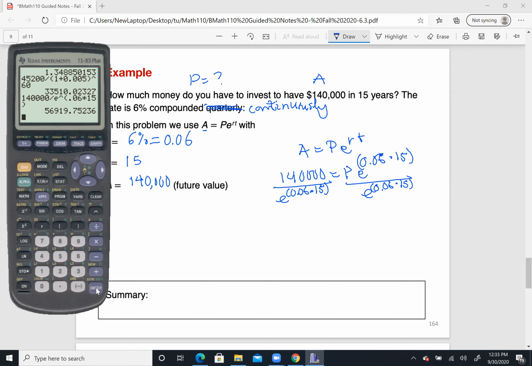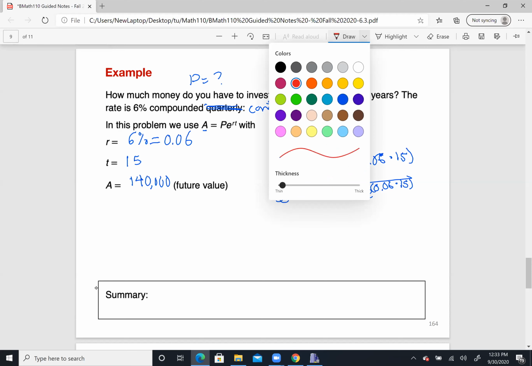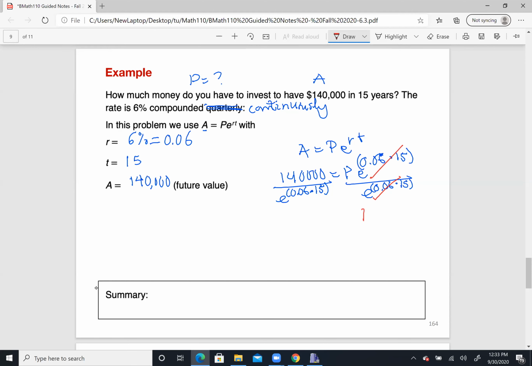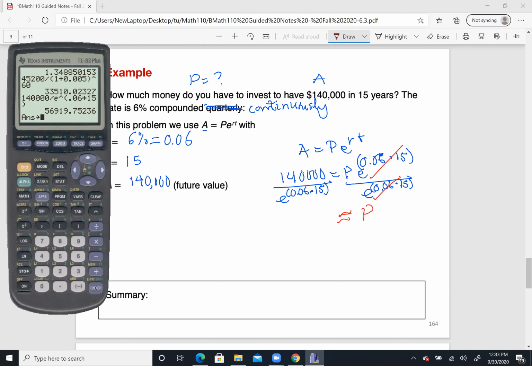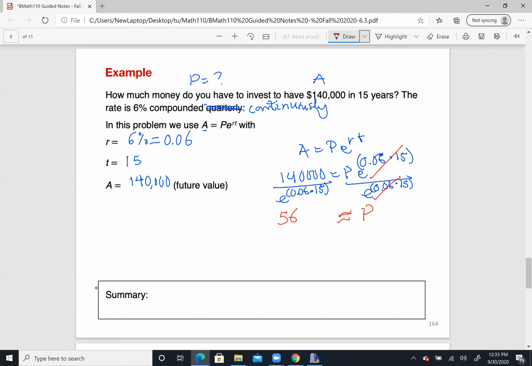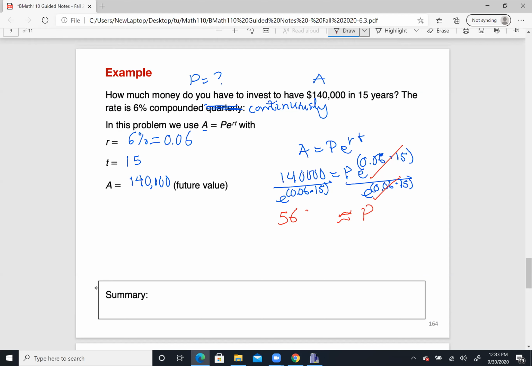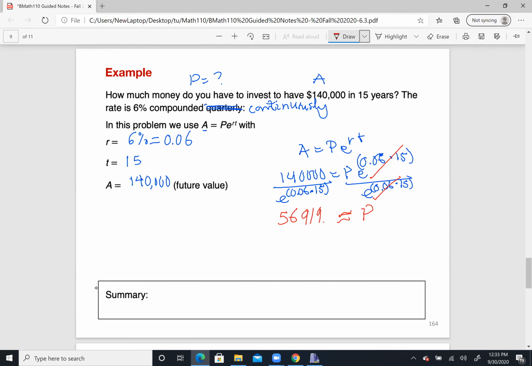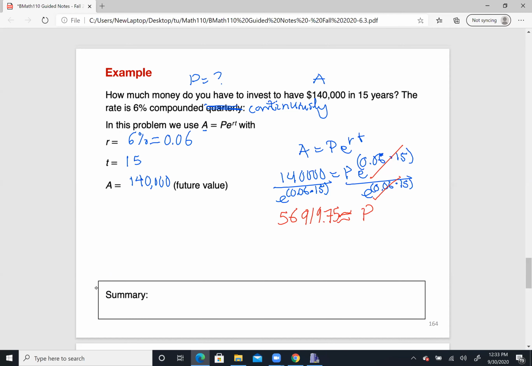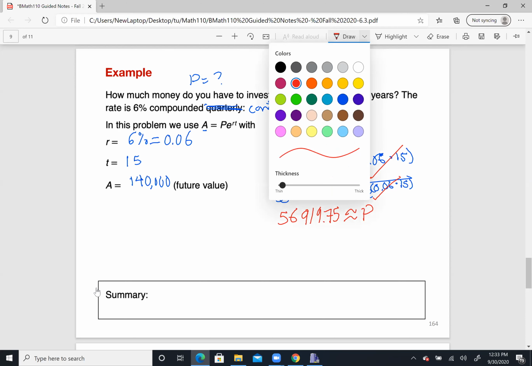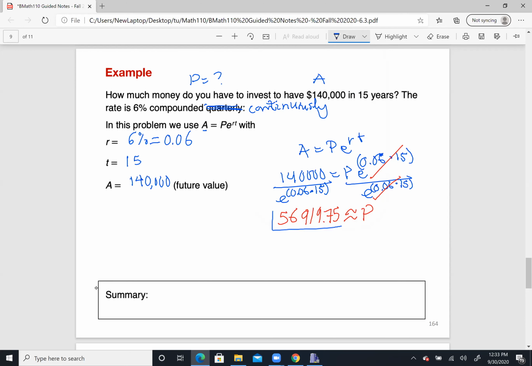Okay, so the right hand side, these two cancel, and P now becomes 56,919.75. So this should be the answer for the initial amount.